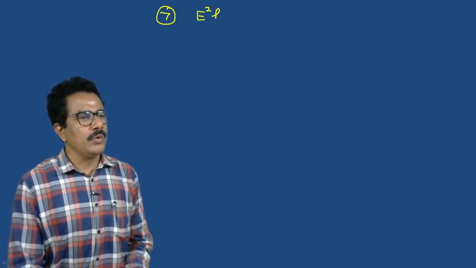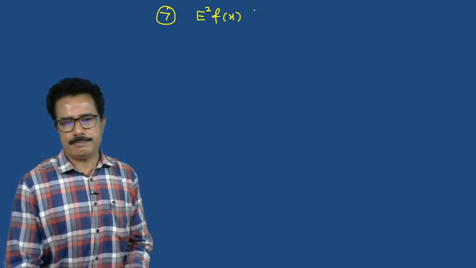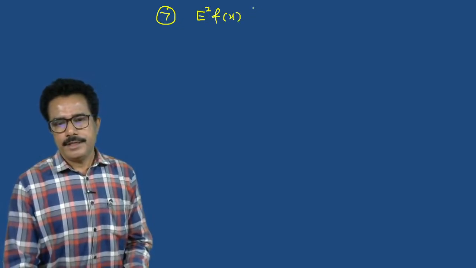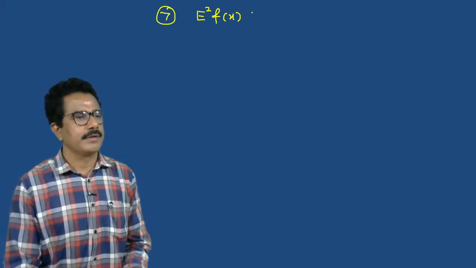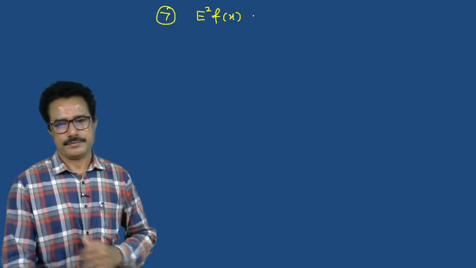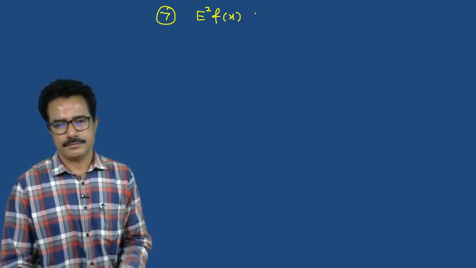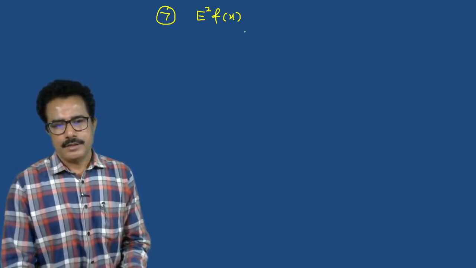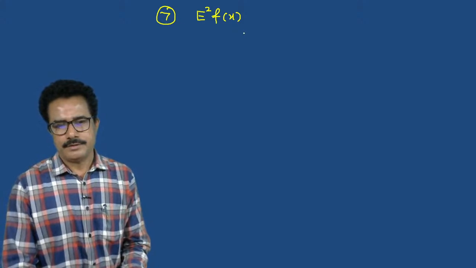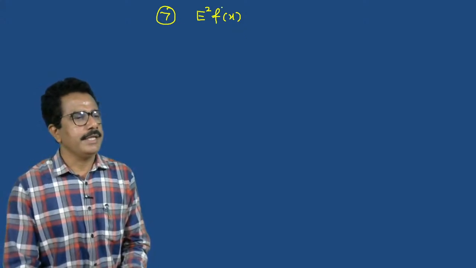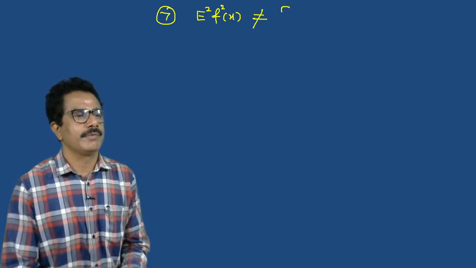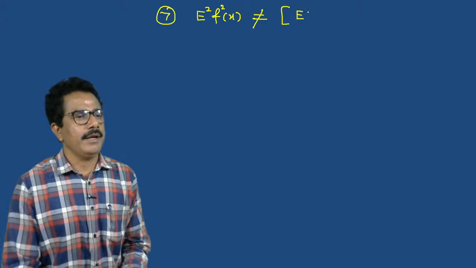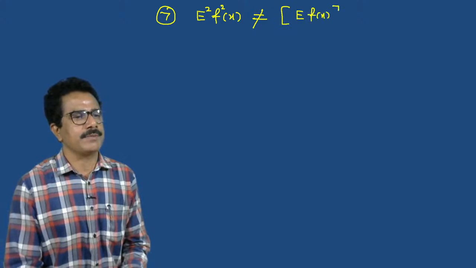E raised to 2 f of x, E raised to 2 f of x square, which is not equals to E of f of x bracket square.